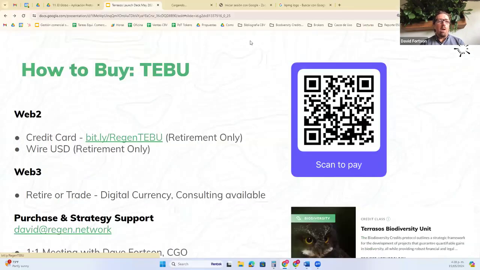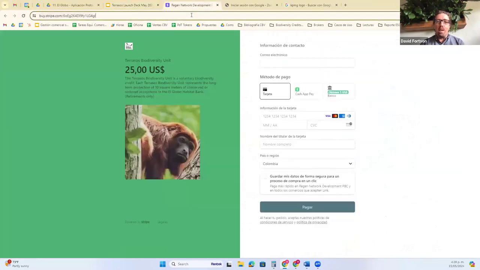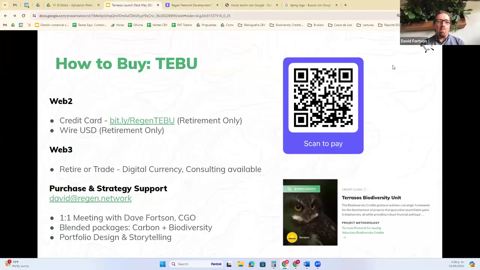But if you are interested, whether it's buying 1 TIBU or buying 100, if there are any volunteers out there who want to digitally raise their hand as a sign that you are interested in purchasing, you can hit the hand up at the bottom.